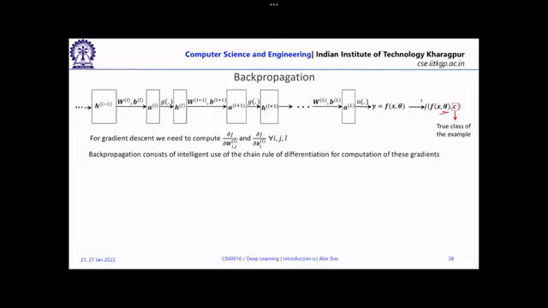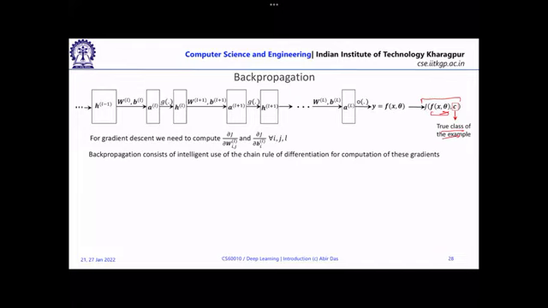Cost basically means some sort of a measure of deviation from the true value of the output and the output that you are getting, that predicted value, that is f(x; theta), and C is the true value. For a classification problem, C is the true class and f(x; theta) is the predicted class.